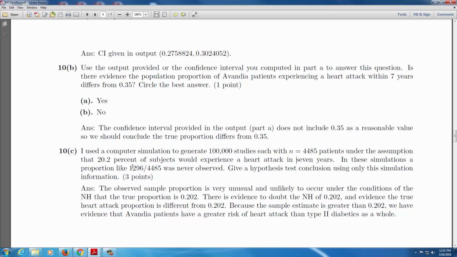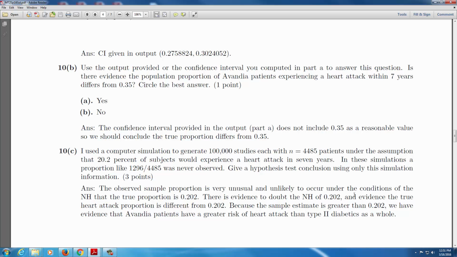So the p-value was 0, and that means that your conclusion would be that the data that was observed, the 1296 over 4485, that data was very weird and unusual to ever happen under the conditions of the null hypothesis.